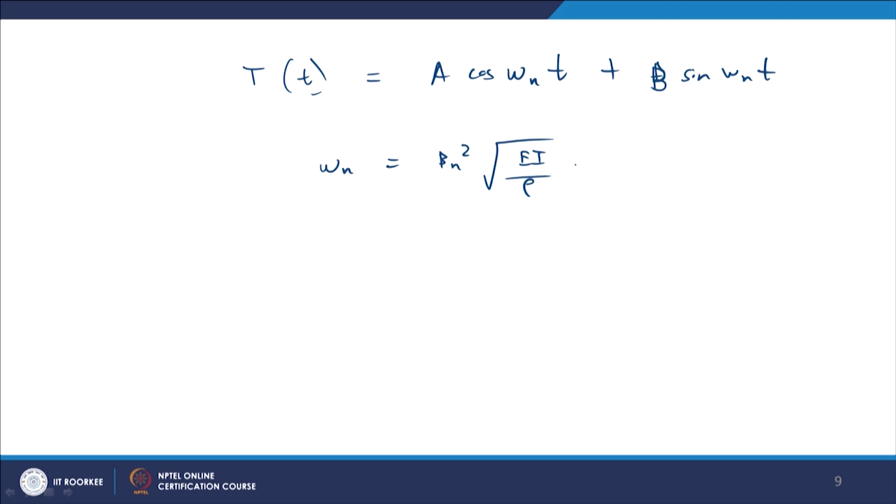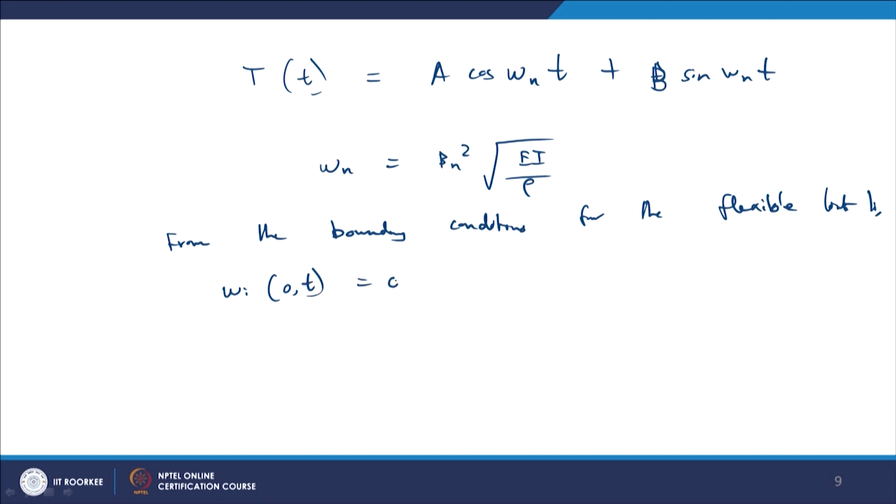And from the boundary conditions for the flexible link L_I, we have W_I(0,t) initially 0 and its derivative also 0, and W_I(L_I,t) is 0 and W_I double prime (L_I,t) is equal to 0.